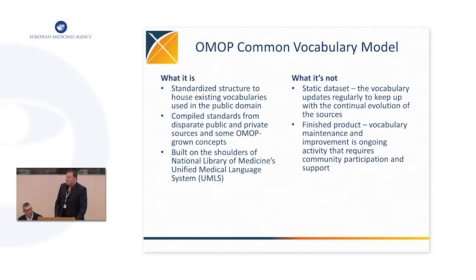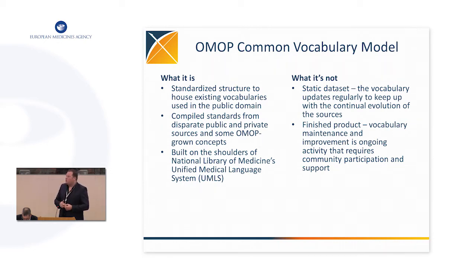So in OMOP, we built a standardized vocabulary, which is a compilation of available terminology systems across the world. So it's not that OMOP is inventing their own vocabularies, but it's putting them together in a very structured way to allow us to do very fast and easy analytical steps.